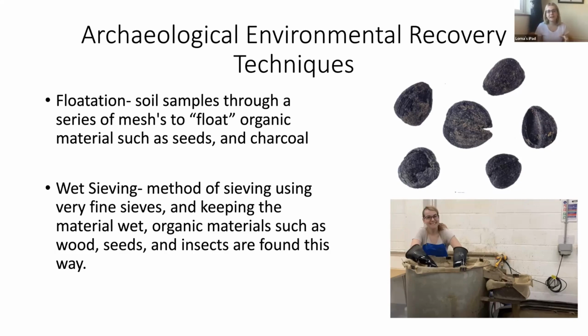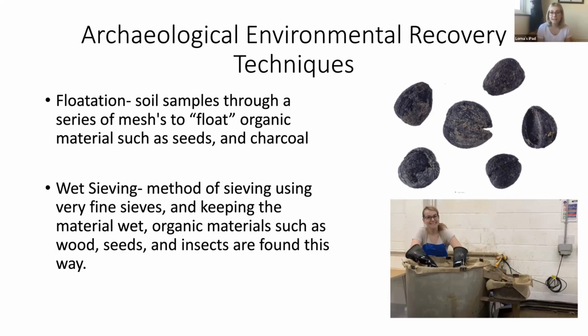The method of flotation lets all of the seeds and insect bits float up into a second mesh, which we can then look at under a microscope. So that collects things like seeds and little bones and basically environmental indicators.